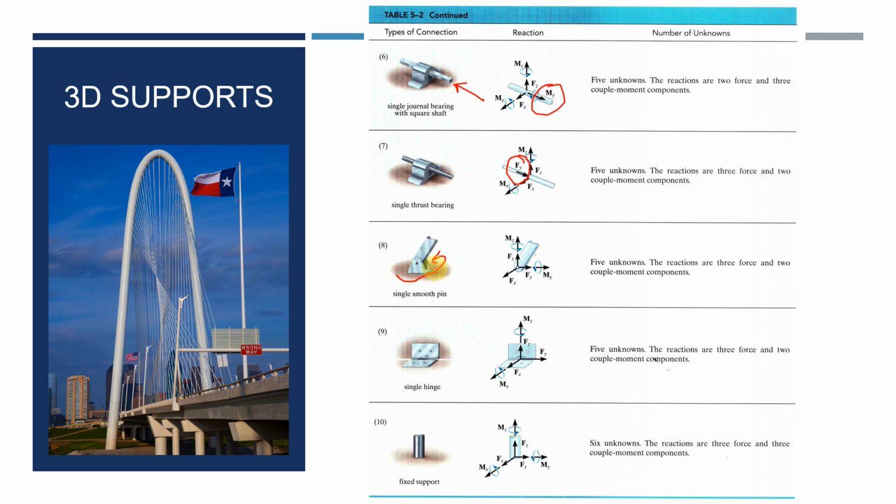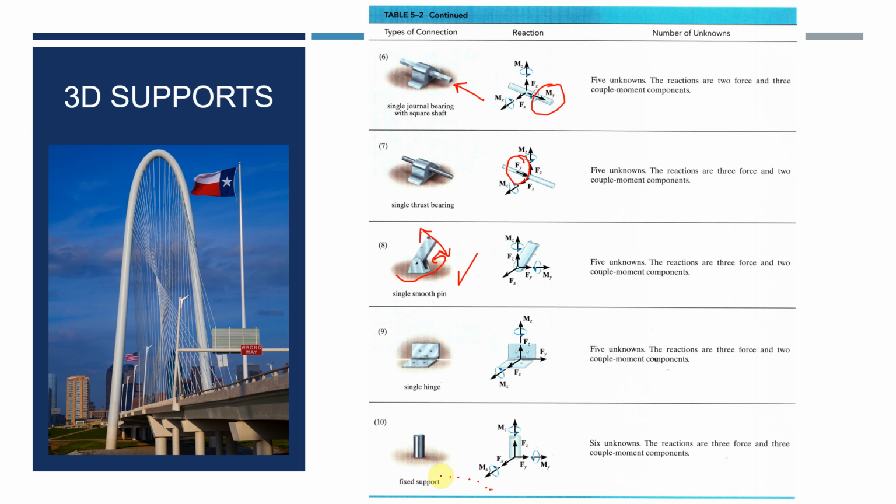But if you try to spin it around the x-axis, it can move. So you can put a moment that causes it to move this way or that way. Hinge, the same as your pin. Okay.